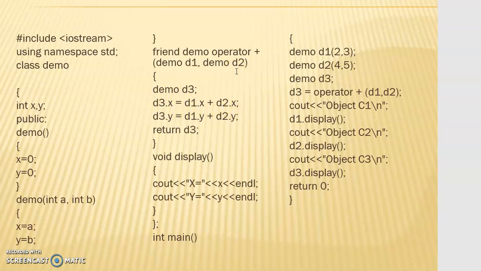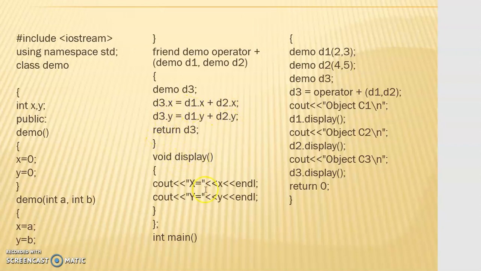In comparison to the previous program, both the complex numbers are passed as arguments. There is no object calling the operator overloading. It is basically the complex values that are passed as arguments. So d3.x will be d1.x plus d2.x, and d3.y will be equal to d1.y plus d2.y, and you'll be returning this.